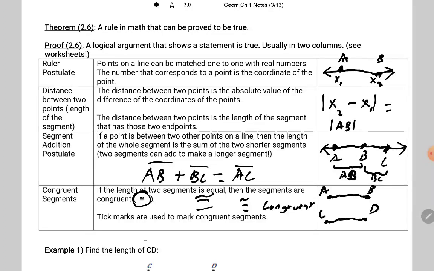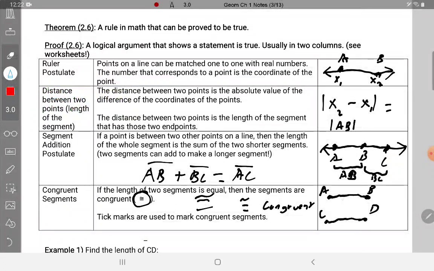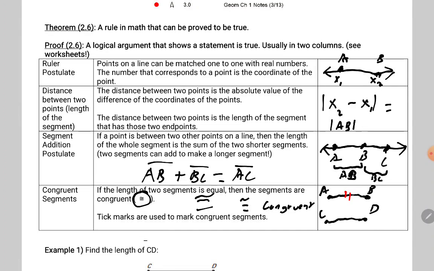I have colors. I think your book uses red a lot, or blue. So they'll have these two tick marks, and that means AB, the segment, is congruent to segment CD.